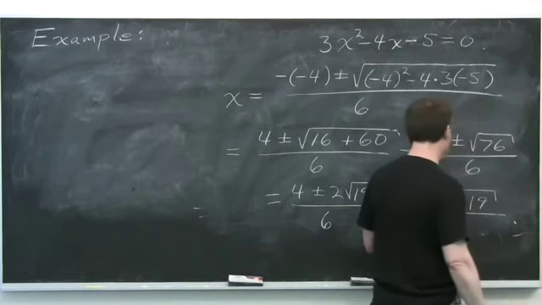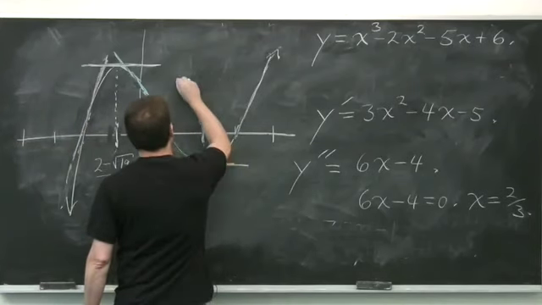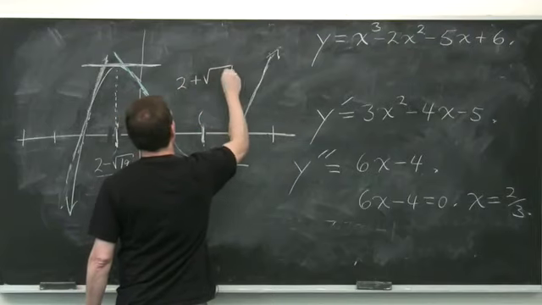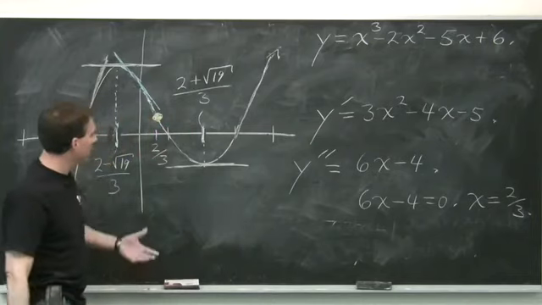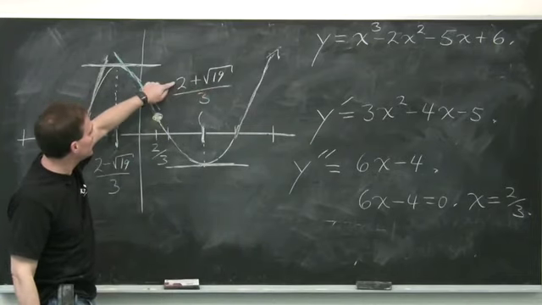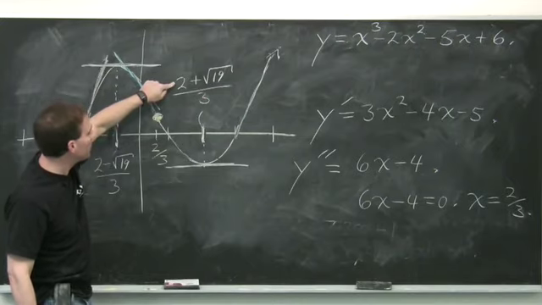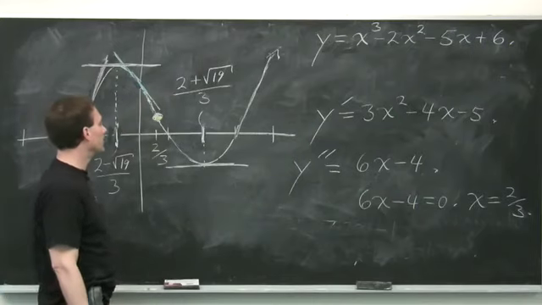It would be at 2 plus the square root of 19 over 3. What is that? Again, the square root is between 4 and 5, so the numerator is between 6 and 7. So it's a little bigger than 2.